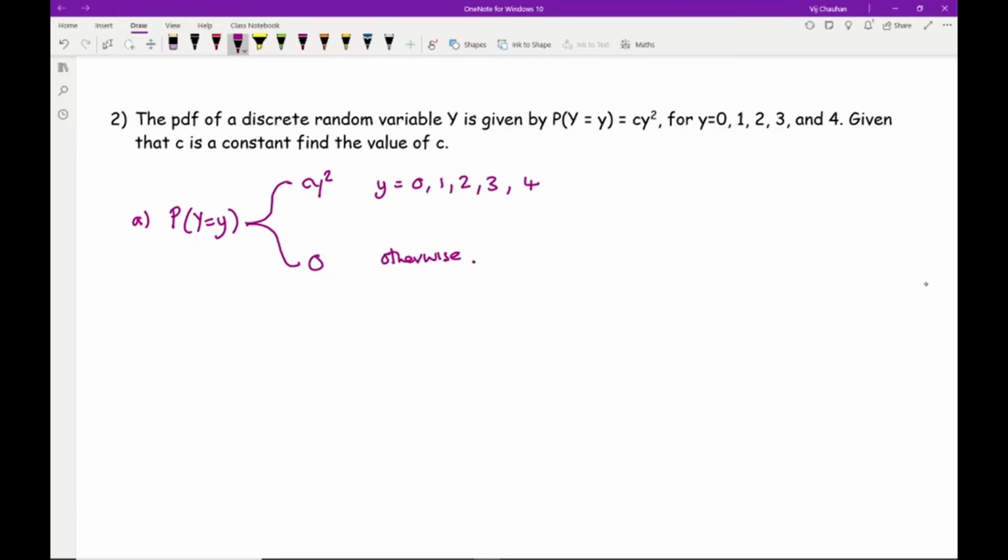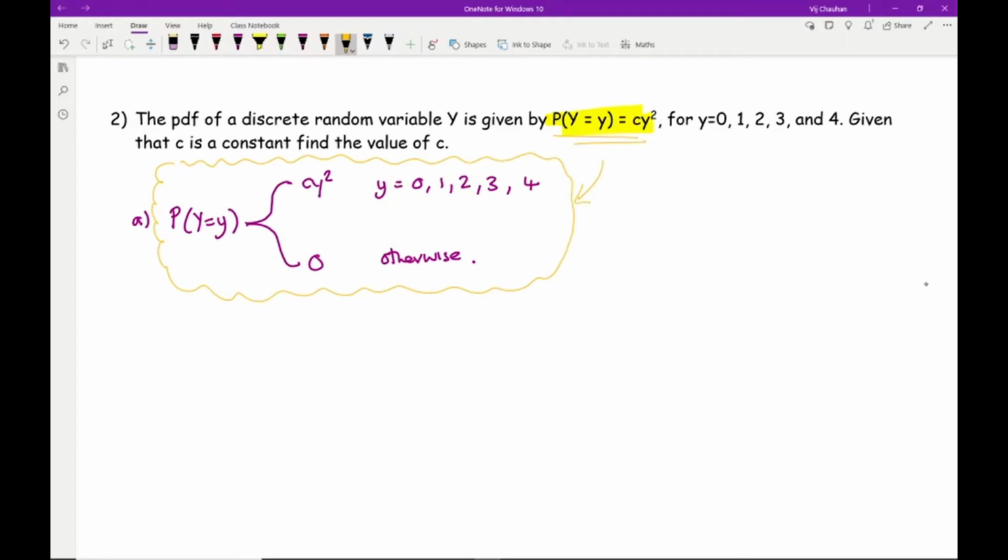Typically in textbooks you might find that your PDF will be written like this, simply because it's quite complicated to represent your probability function like this on paper when you're typing it up on a computer. So they'll generally write your PDF like this, but the correct way of doing it is by writing it like you can see on the screen.